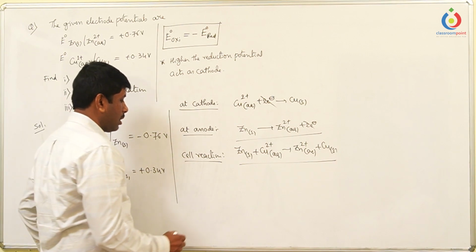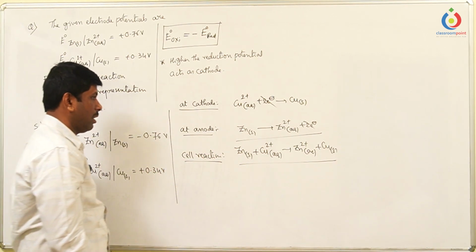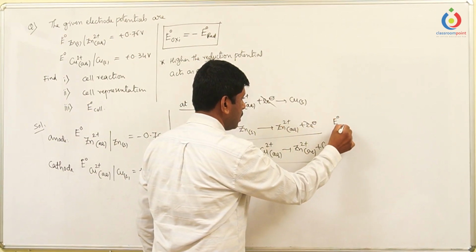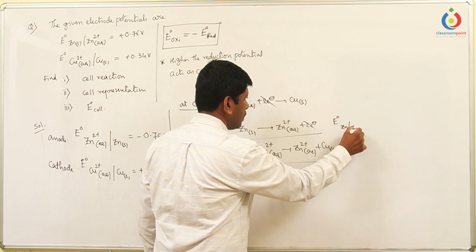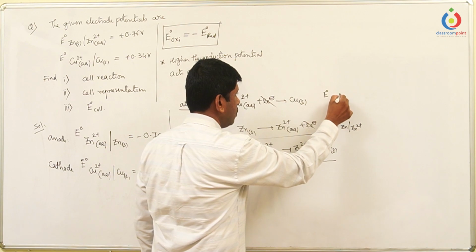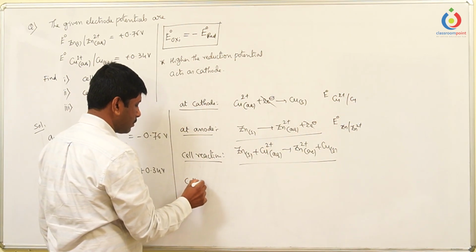Then how to represent this cell? Cell representation means oxidation half cell first, then reduction half cell. Oxidation half cell means the anode reaction: zinc by Zn2+, whereas the copper rod reduction is Cu2+ by Cu.